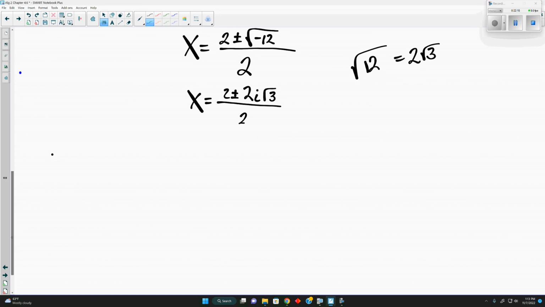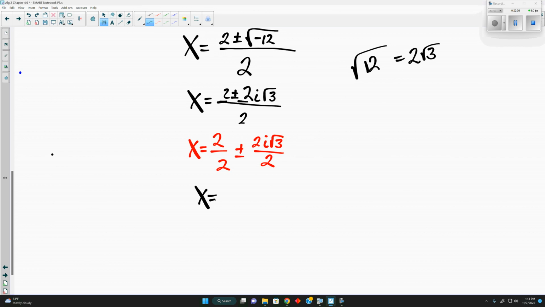Now, will both of these divide by 2? Yeah. Now, one way we can think of this is that really we can split this up into 2 fractions. The numerator for the first is 2. The numerator for the second is 2i square root of 3. And they're both over 2.